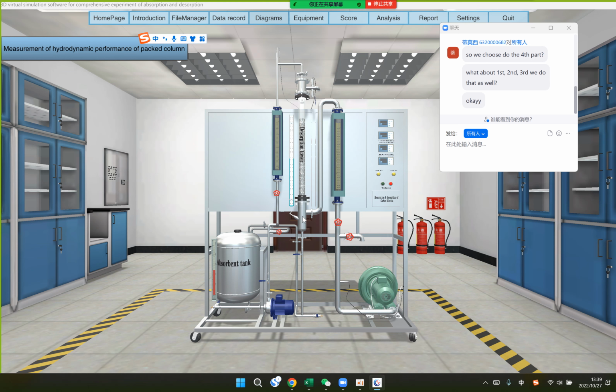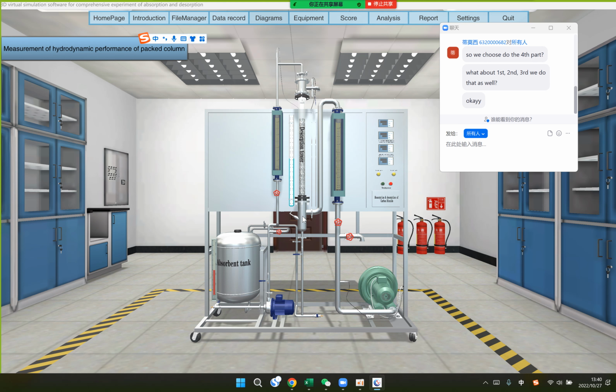It creates a counter current mass transfer process: the water moves from the top to the bottom, and the gas moves from the bottom to the top, counter current to each other.